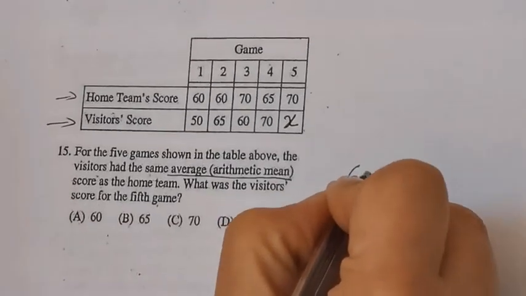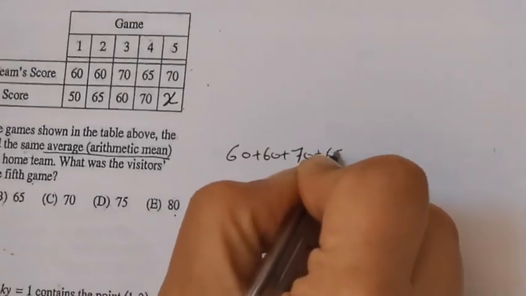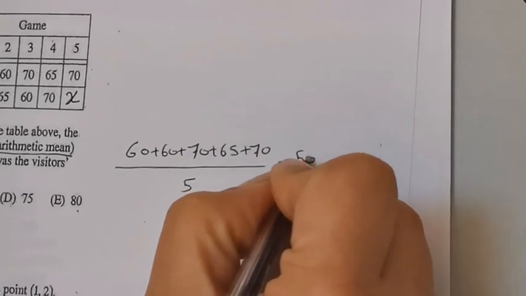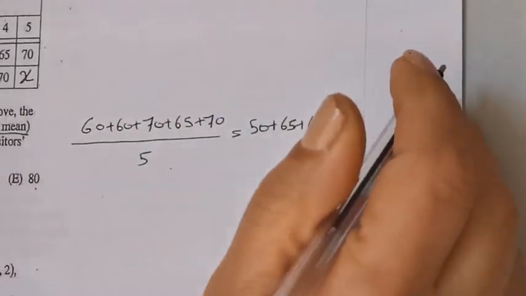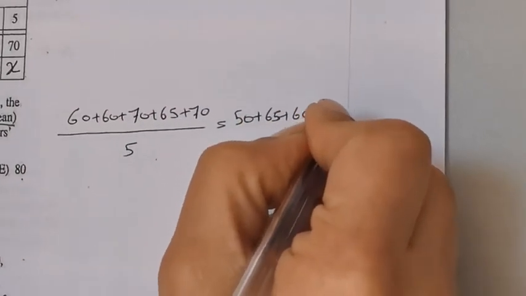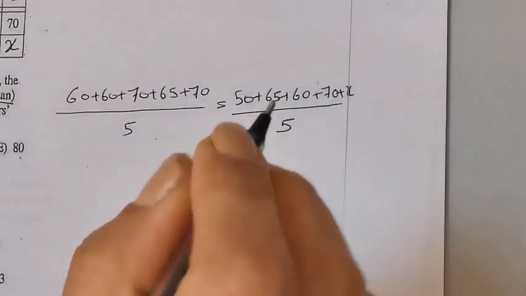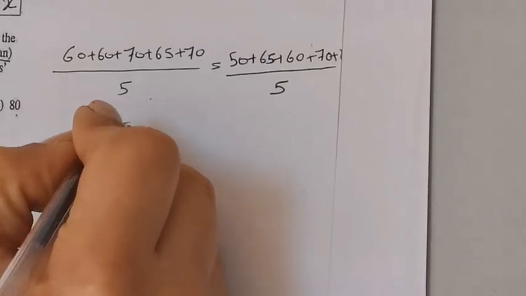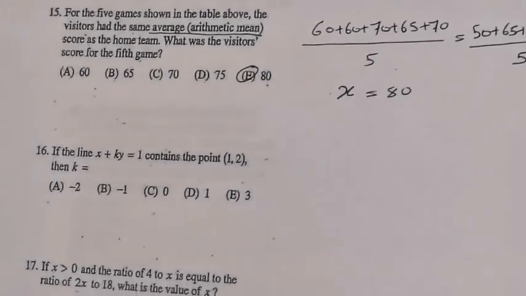So 60 plus 60 plus 70 plus 65 plus 70 over 5 is equal to 50 plus 65 plus 60 plus 70 plus x over 5. You solve it by calculator, then you get the answer: x will be equal to 80. The correct answer is E.